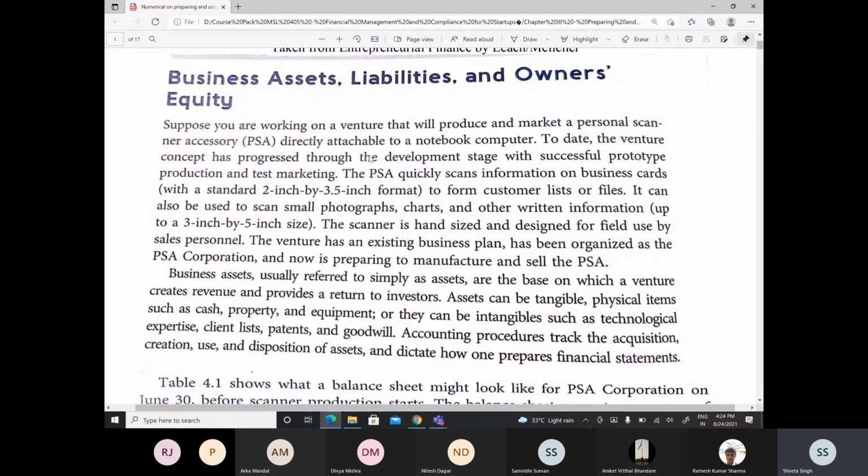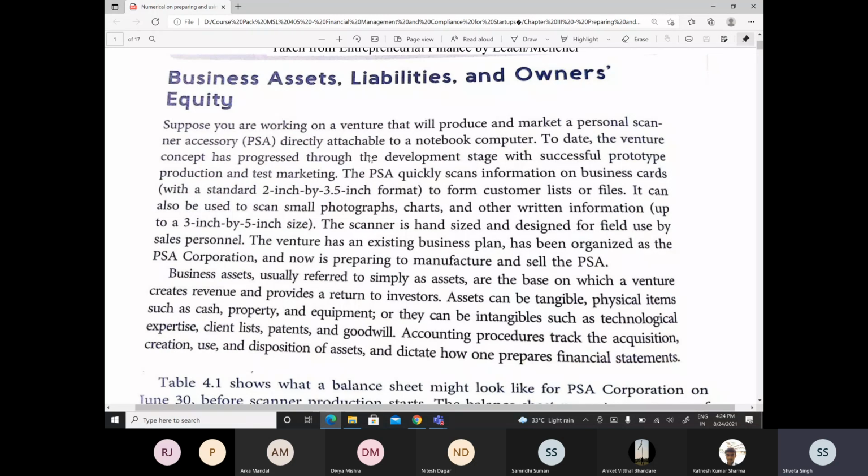Suppose you are working on a venture that will produce and market a personal scanner accessory, also called PSA, directly attachable to a notebook computer. So suppose you are making a handheld scanner. To date, the venture concept has progressed through the development stage with successful prototype, production, and test marketing.